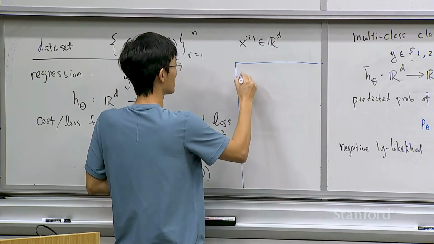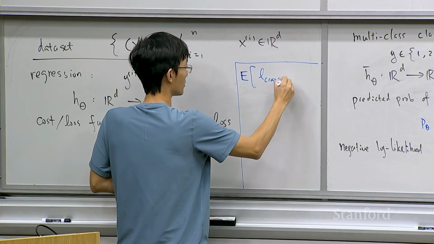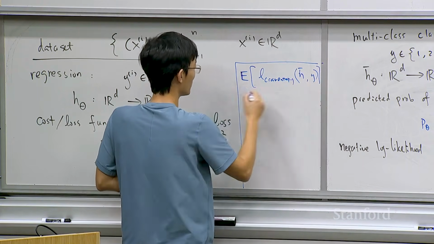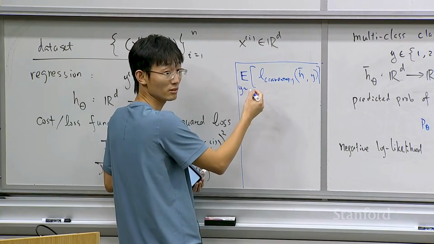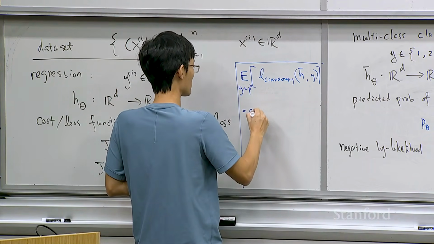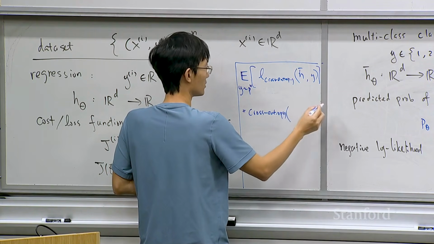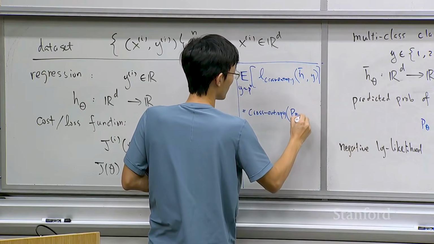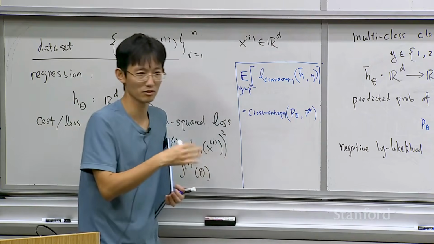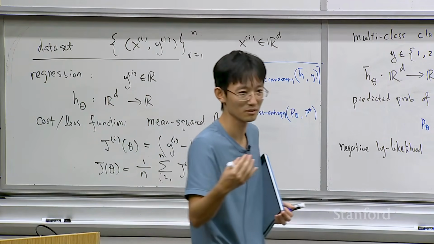If you take the expectation of this cross entropy loss of h(x) and y, with the expectation over y from the true label distribution, then this equals the cross entropy between this distribution P theta and the true distribution P star. The cross entropy is just the probability of one distribution times the log of the probability of the other distribution.